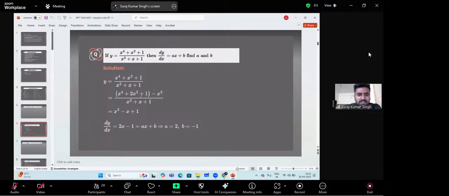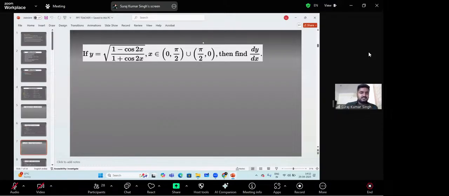So by using that, we should directly learn this factorization. Okay, and now we can do differentiation. So dy by dx equals 2x minus 1 will come, and after that we can compare with ax plus b. So the value of a will come 2 and b equals minus 1. Like that we can solve the problem in 30 to 35 seconds.